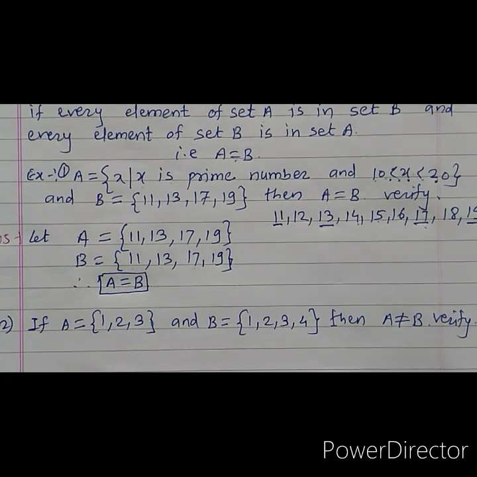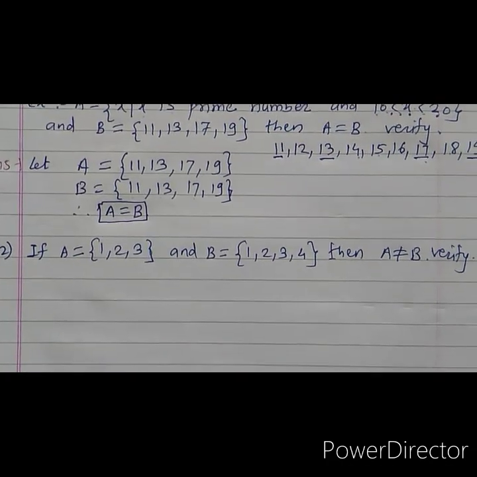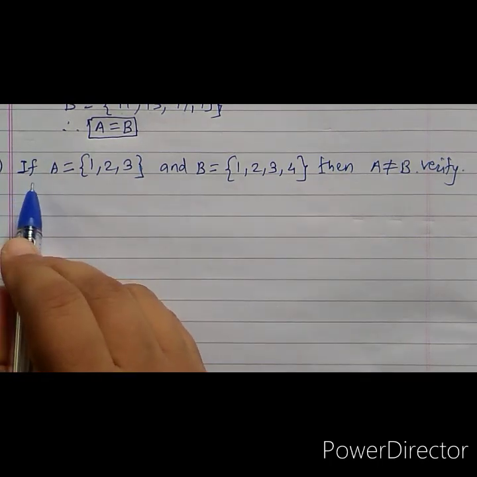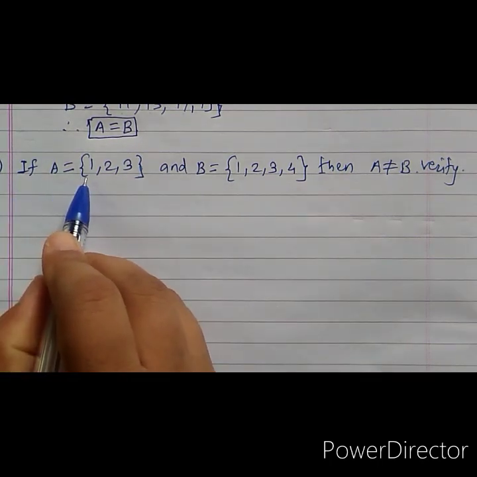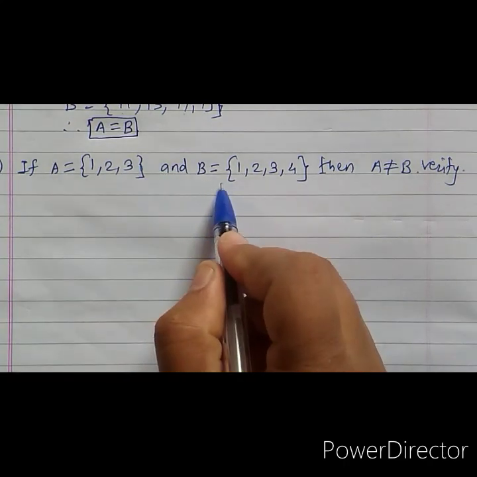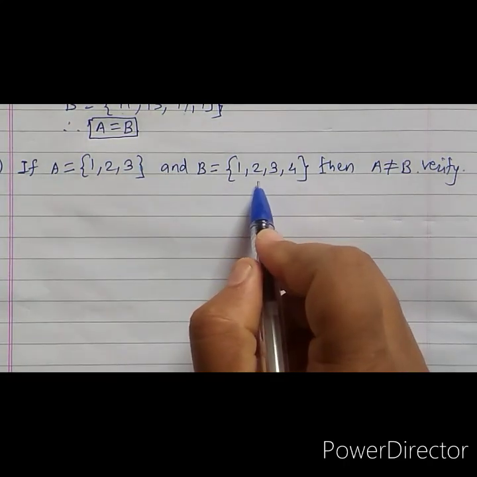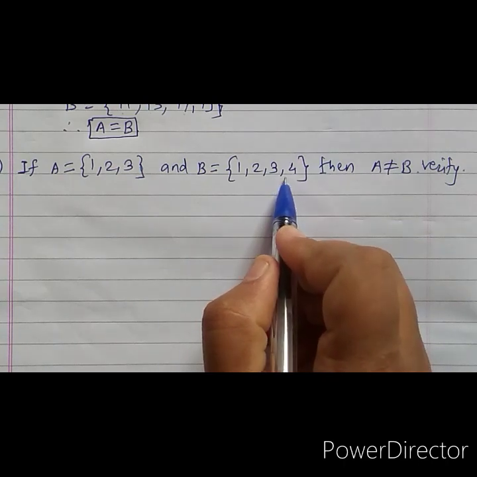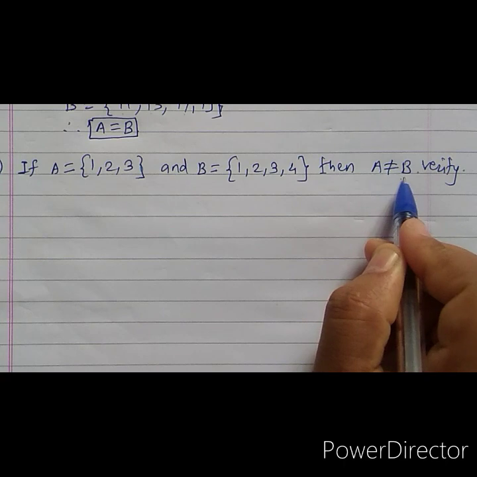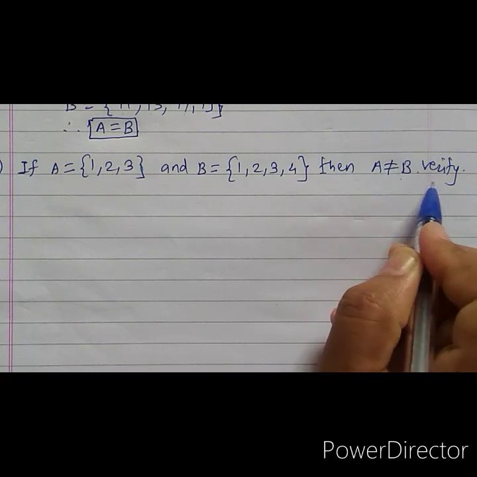Now let us see the second example. If A is equal to {1, 2, 3} and set B is equal to {1, 2, 3, 4}, then A is not equal to B. Verify.